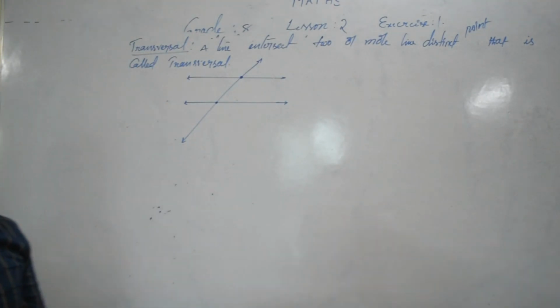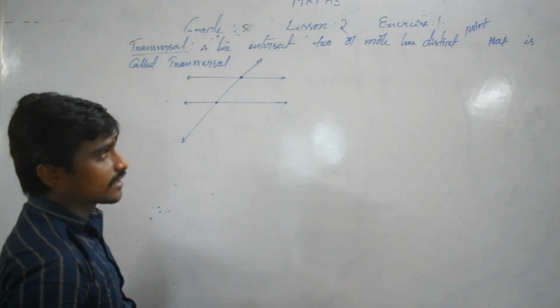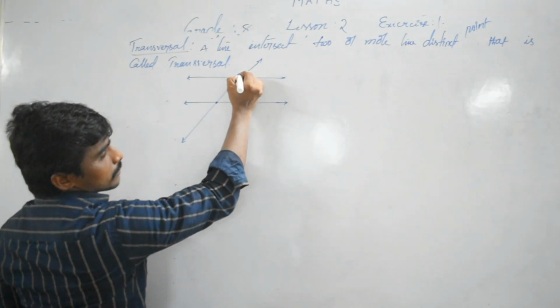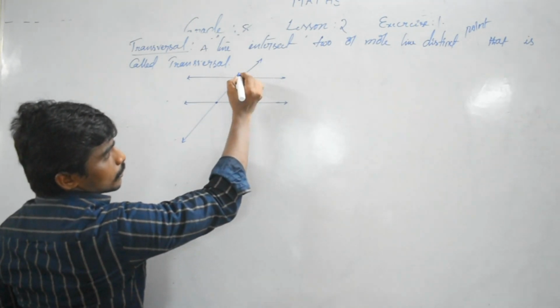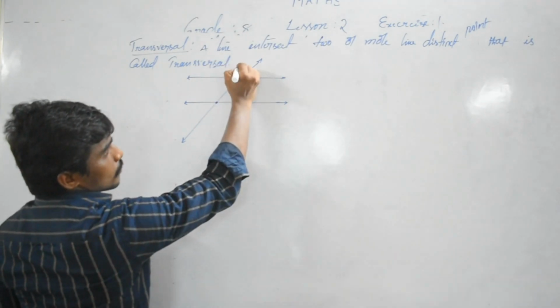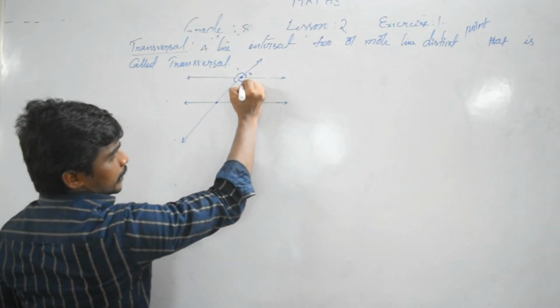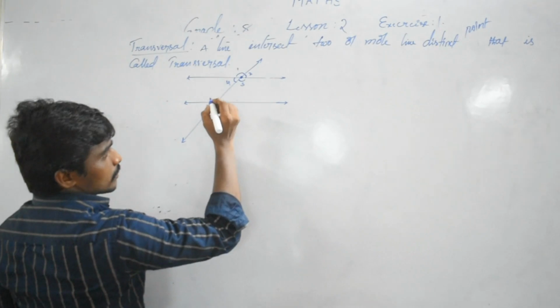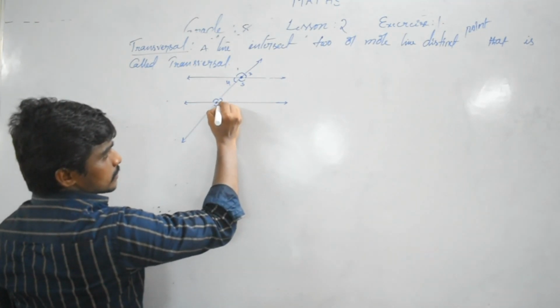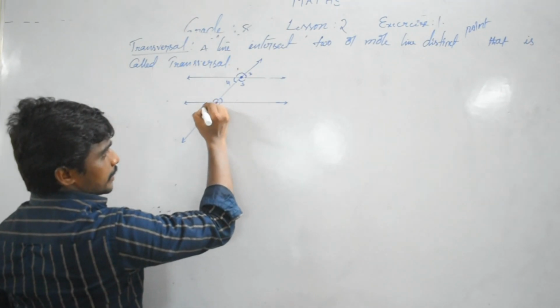So a transversal forms how many angles? 1, 2, 3, 4. 1, 2, 3, 4. 5, 6, 7, 8.